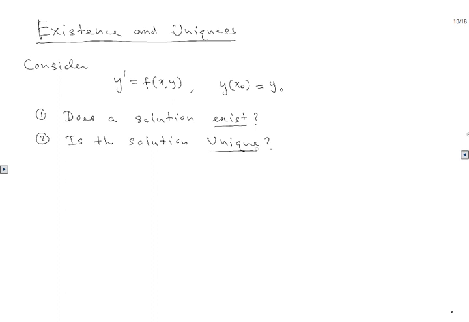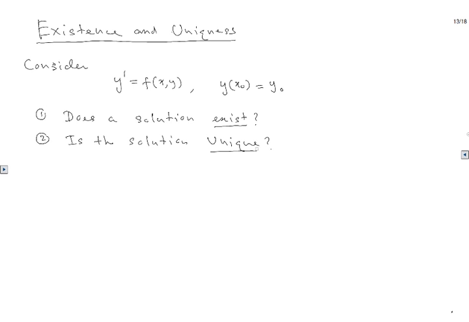When you go for approximation, if you don't know that there's only one solution, the question is which one you are going to find. You try to find a solution, but which one? If you know that there's only a unique solution, then you are guaranteed that the numerical technique actually finds that solution. So that's why uniqueness is important.